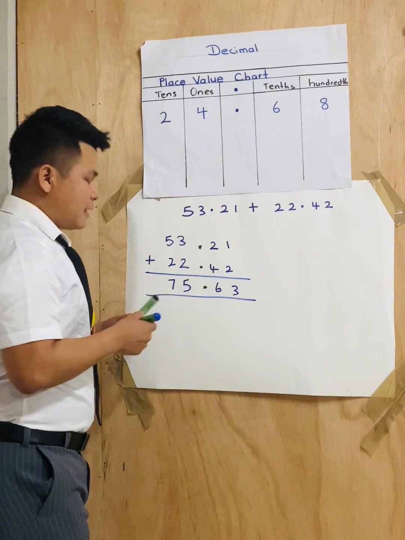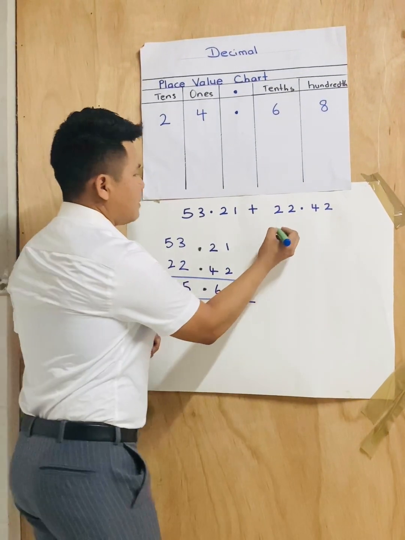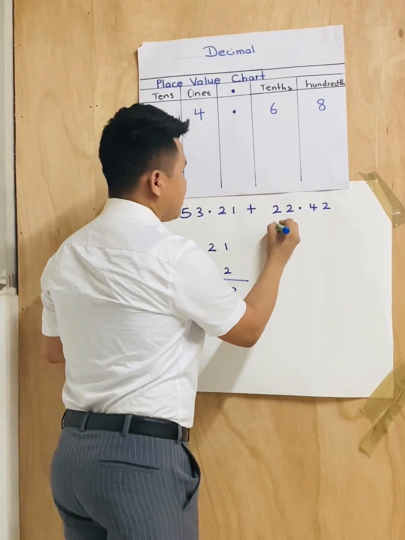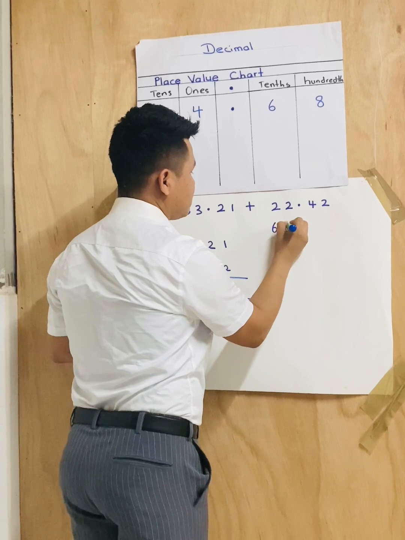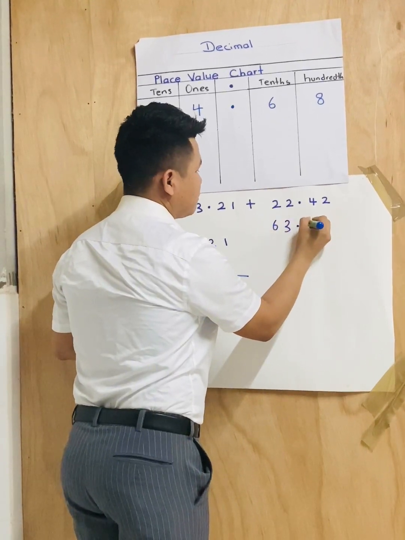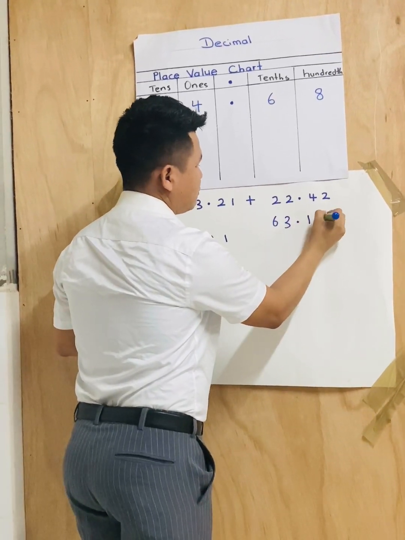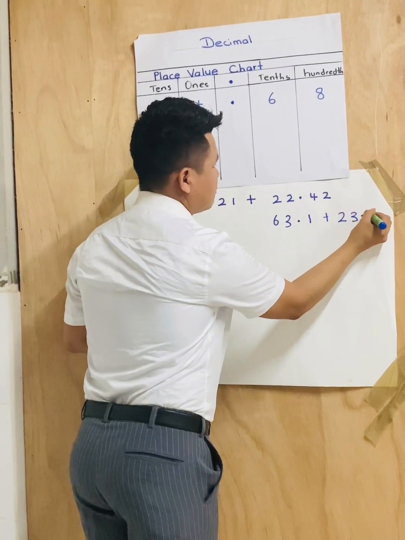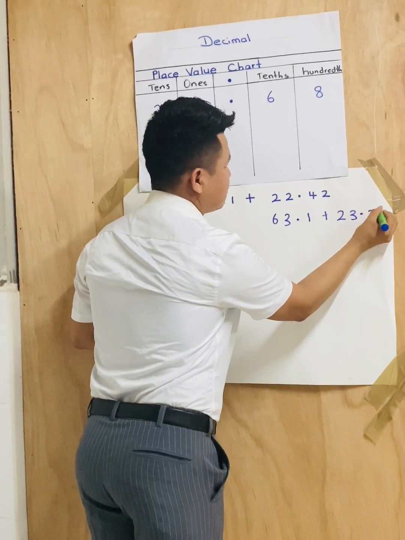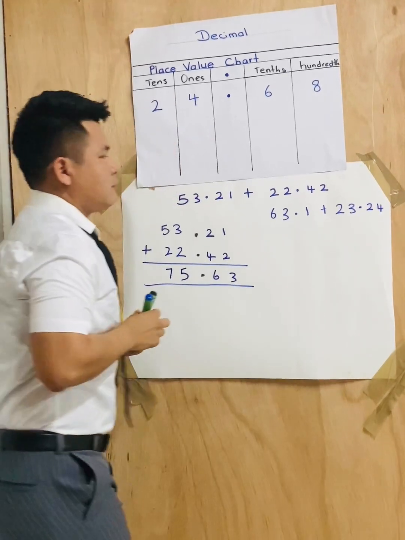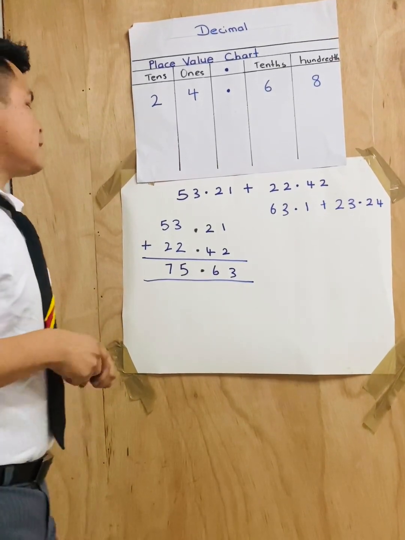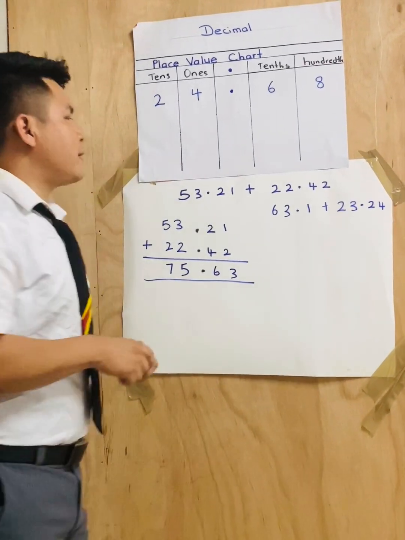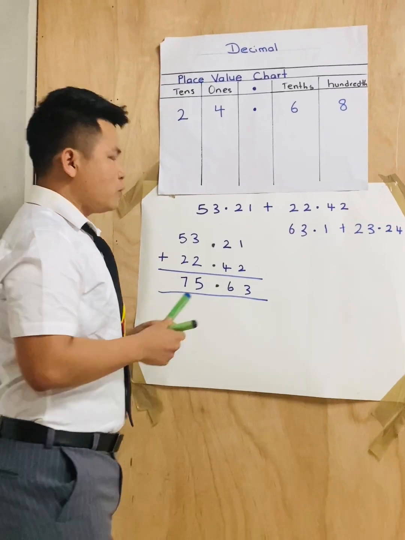Good. Now let us do one more. Let's say we have 63.1 plus 23.24.